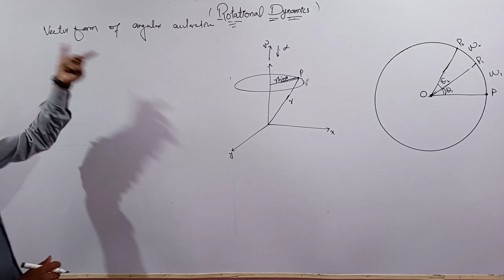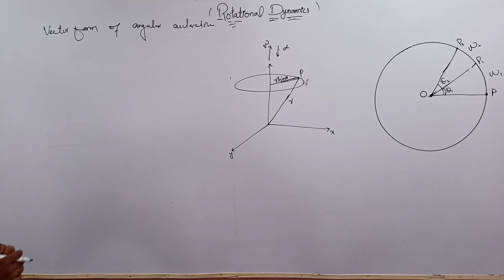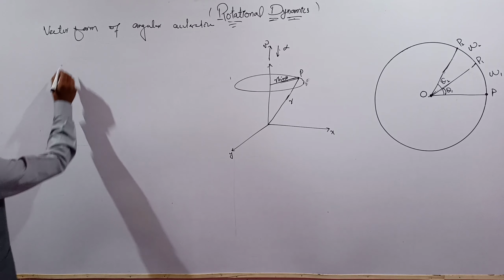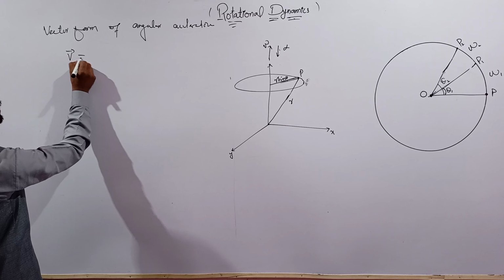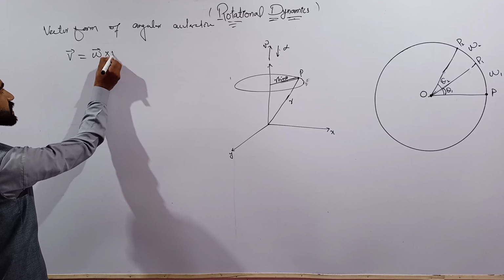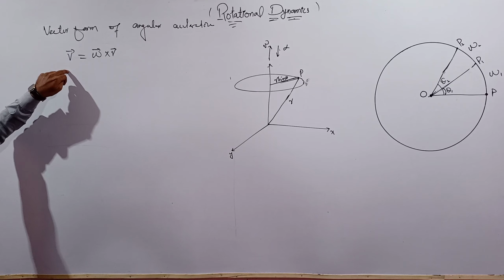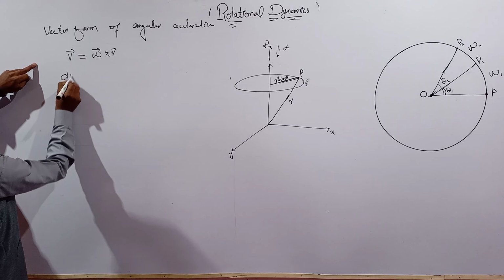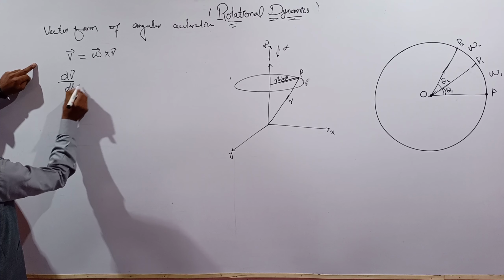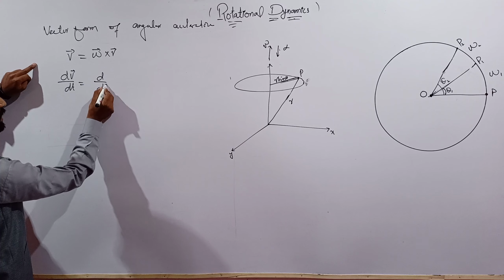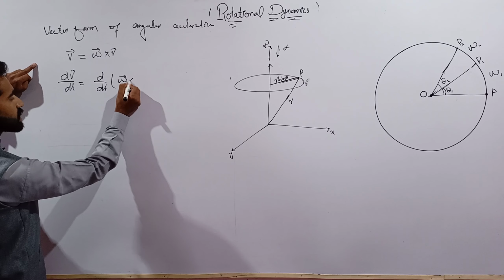Now, the vector form of angular acceleration. From the previous result, we know that v is equal to omega cross r. Differentiating this equation, dv divided by dt is equal to d over dt of omega cross r.